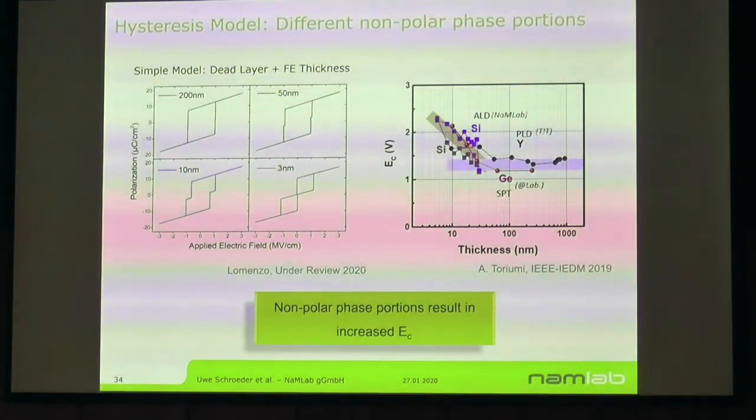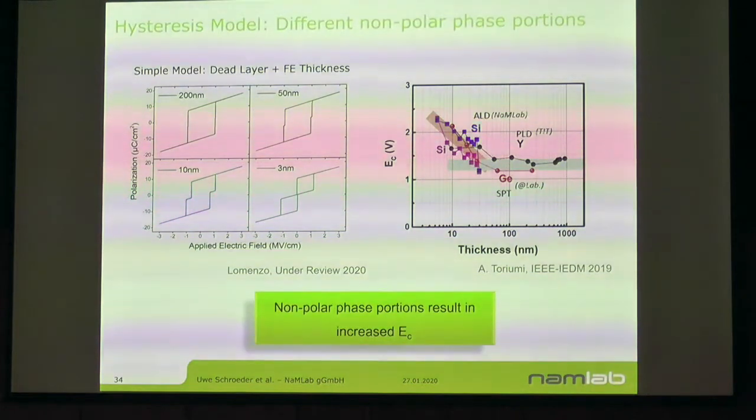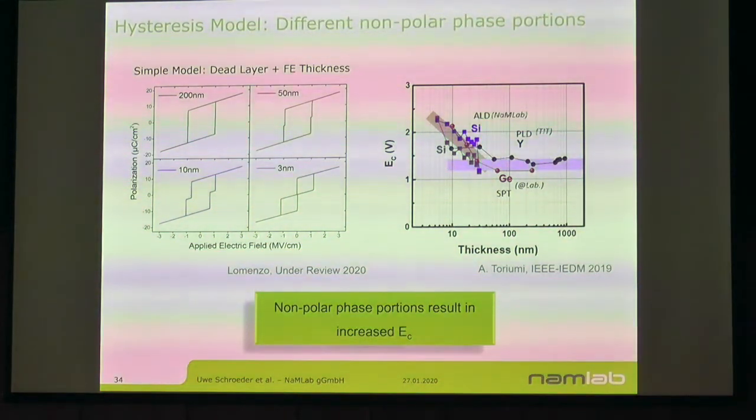With this model, you can also look into what effect you have if you measure your polarization hysteresis. If you have a 200 nanometer thick film, you won't see anything of these interfacial layers. But if you decrease your film thickness below 10 nanometer, these hysteresis loops start to pinch.